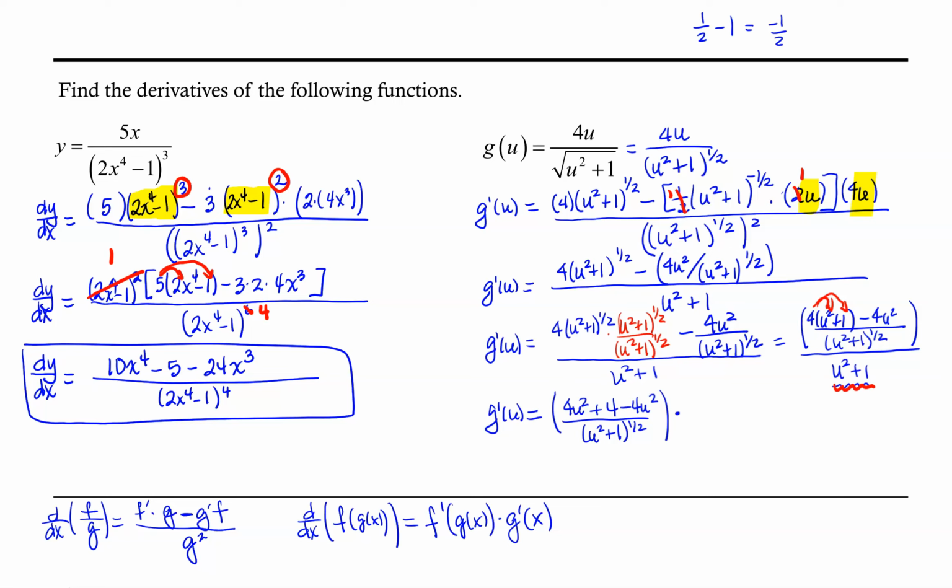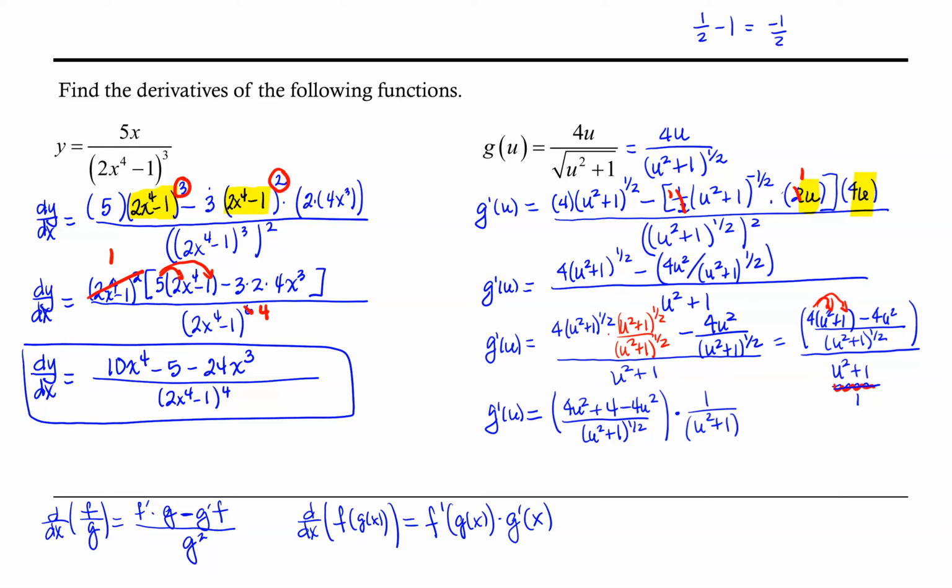Okay, so if I multiply by the reciprocal of the denominator, that's 1 over u squared plus 1. So keep in mind that this u squared plus 1 can be thought of as u squared plus 1 over 1.